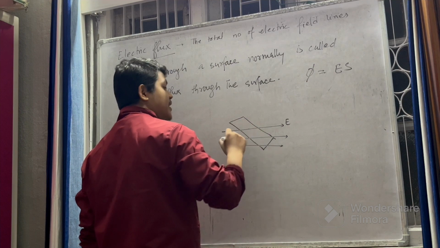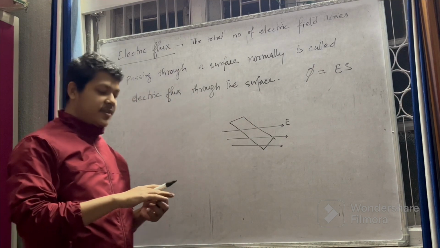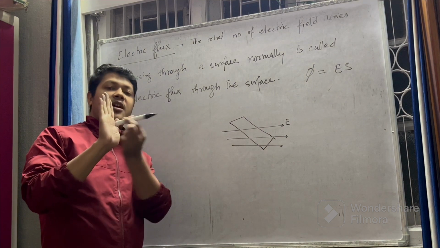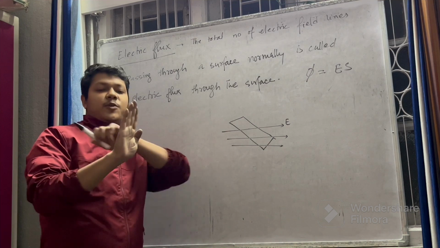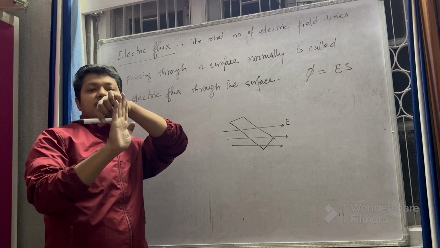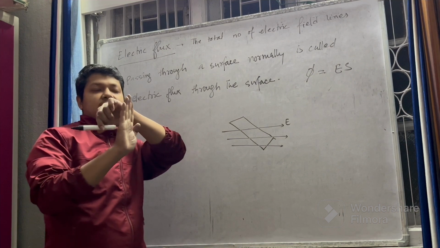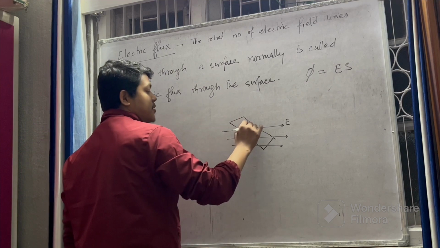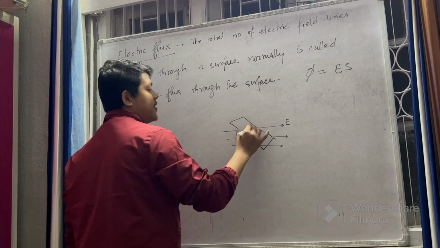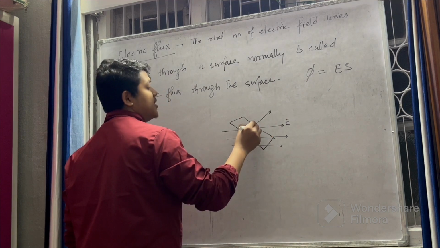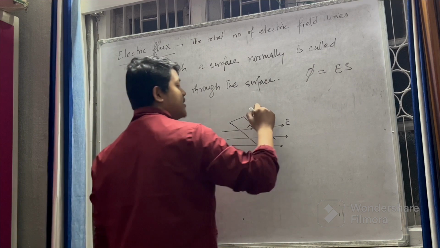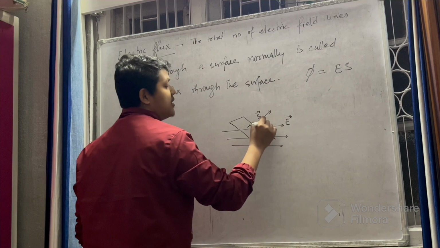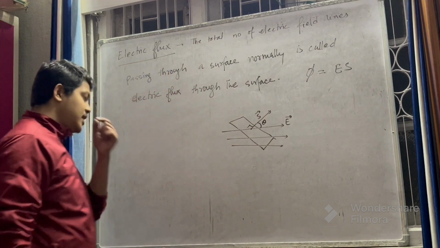The area vector means, for this surface it will be normally outward from this face, and for this face again normally outward, right? So that is the area vector. Here suppose this is the surface, its area vector will be directed in this direction so that it is perpendicular to the surface, and the angle between the area vector and the electric field is suppose theta.